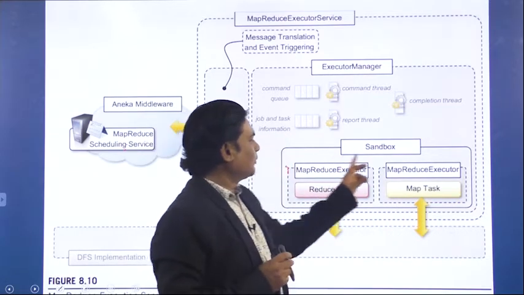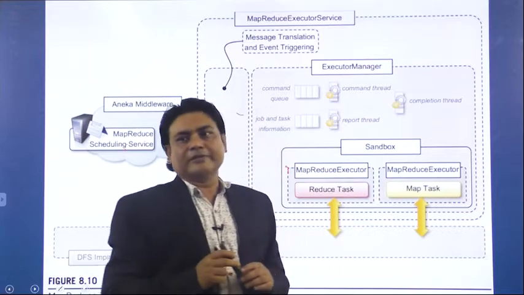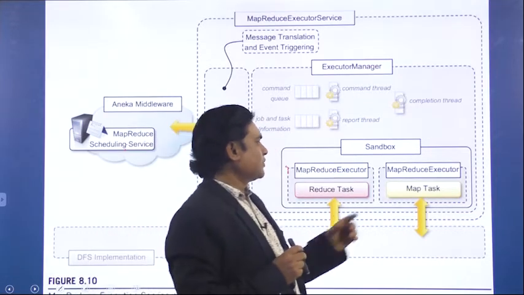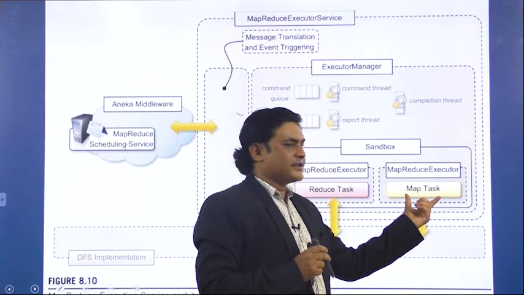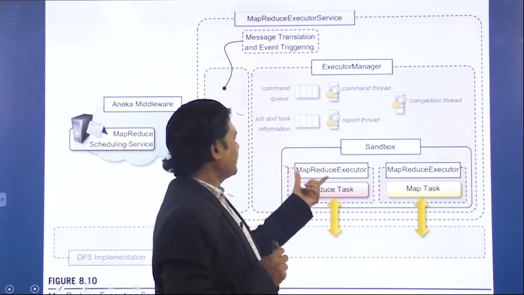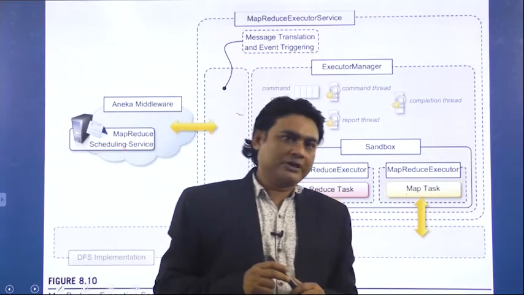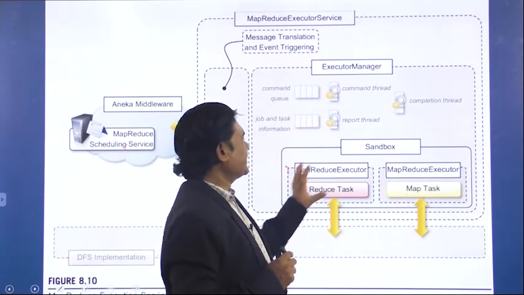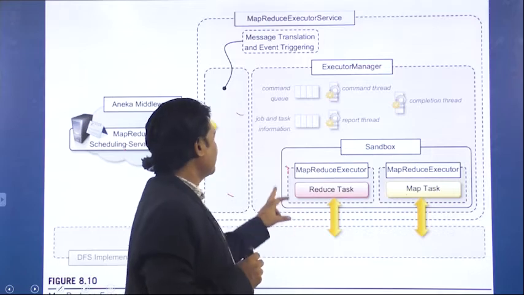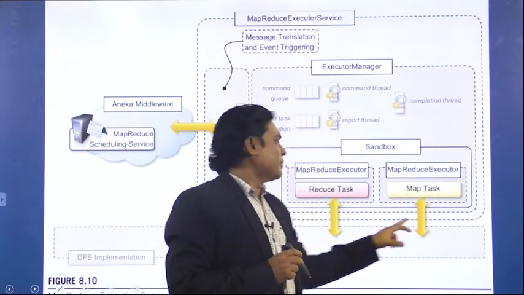This task is performed by the worker nodes, and for that the MapReduce executor can execute the map task. The MapReduce executor can also execute the reducer task, and they provide you the final outcomes. So this part is part of the worker node, or the slave node.